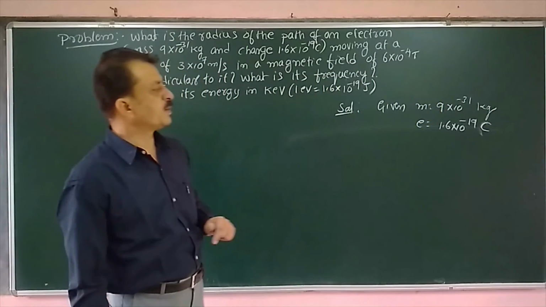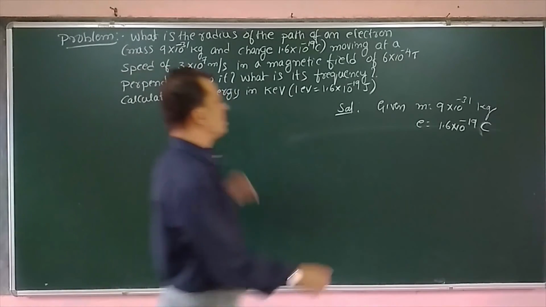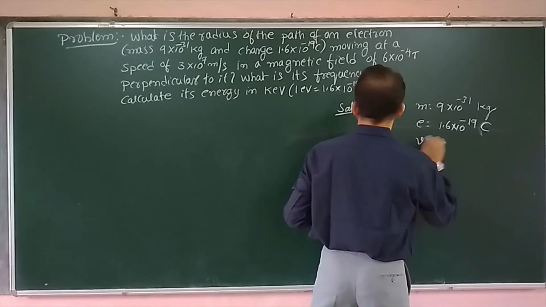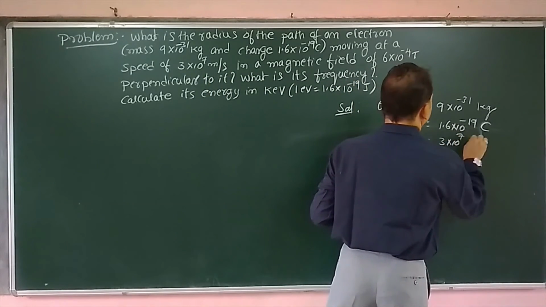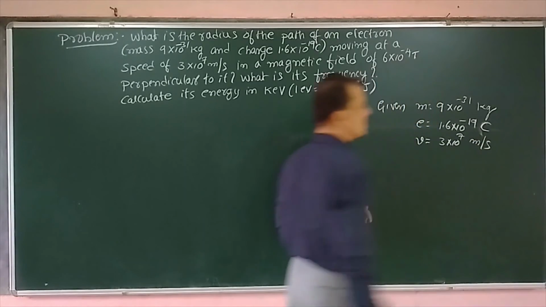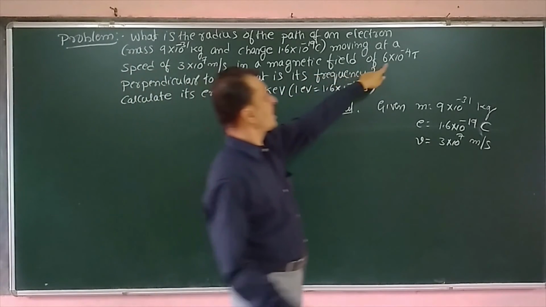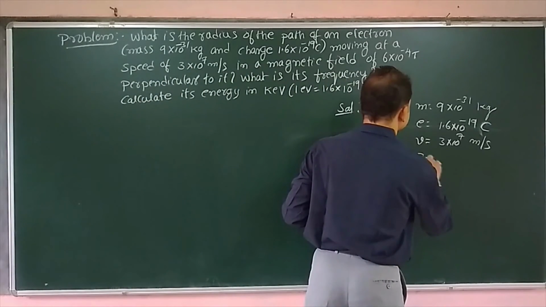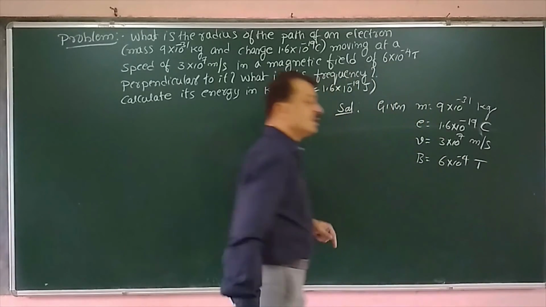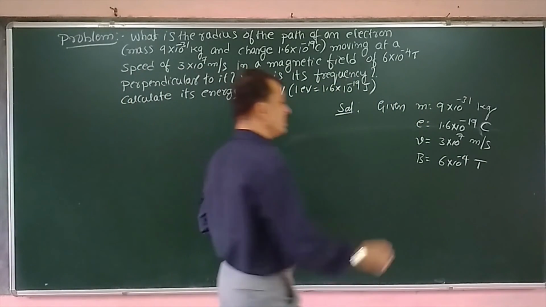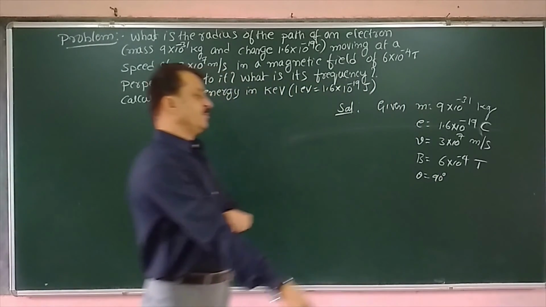It is moving with a velocity, the magnitude of the velocity is given, that is 3 into 10 to the power of 7 meter per second. In the presence of an external magnetic field, field strength is given as 6 into 10 to the power of minus 4 Tesla, perpendicularly. He has also mentioned perpendicular, therefore theta is equal to 90 degrees.